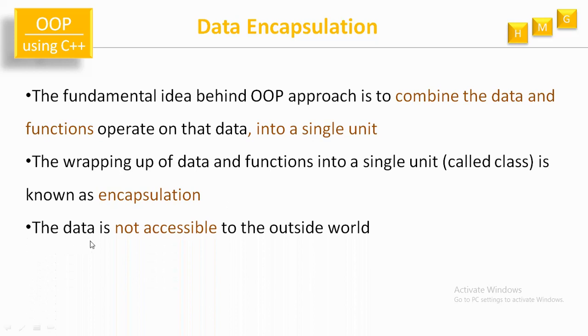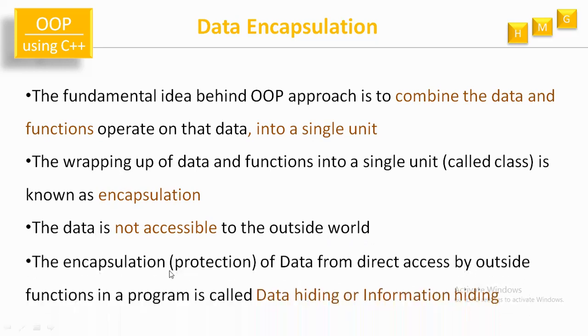Due to this encapsulation, the data is protected inside the object, and thus the data is not accessible to the outside world. So here the data is totally protected inside the object.